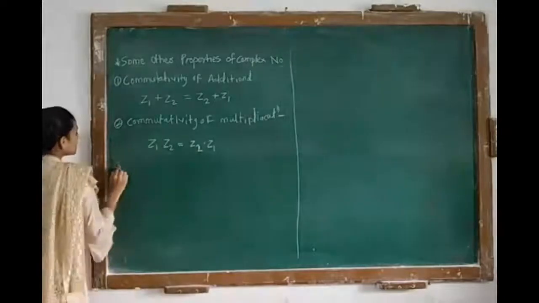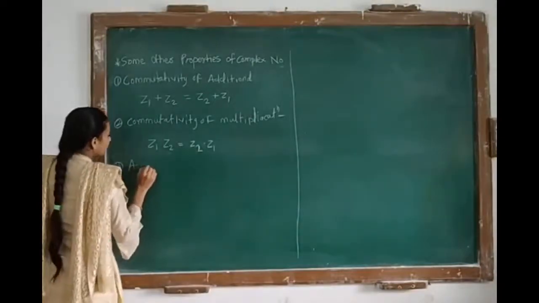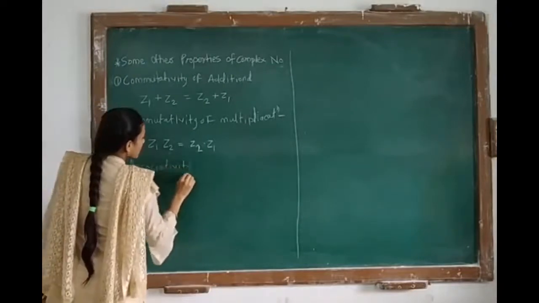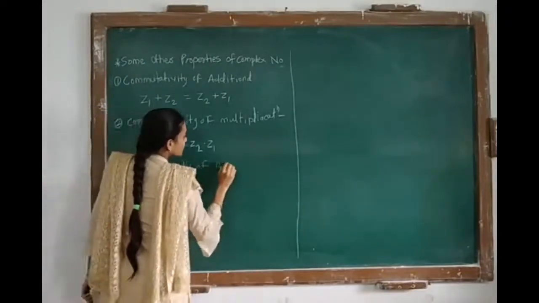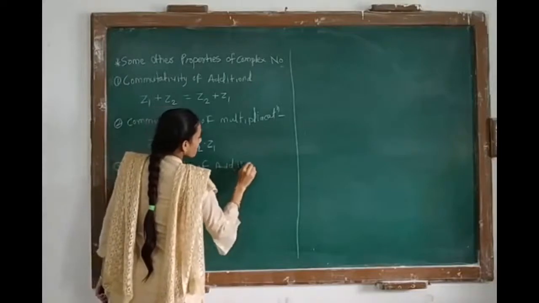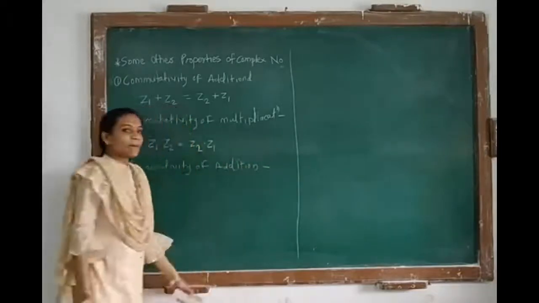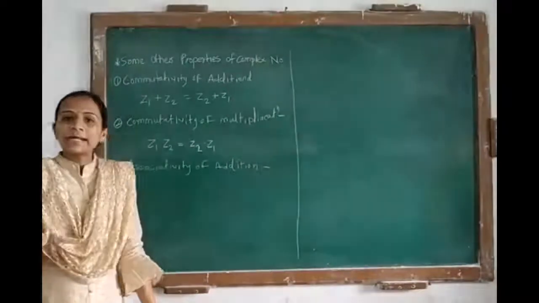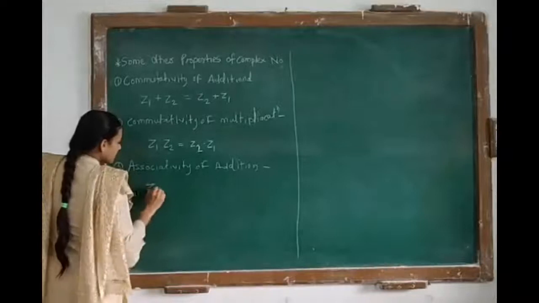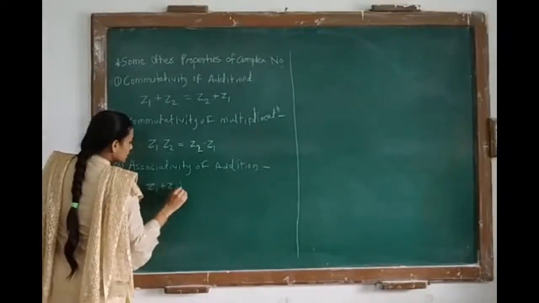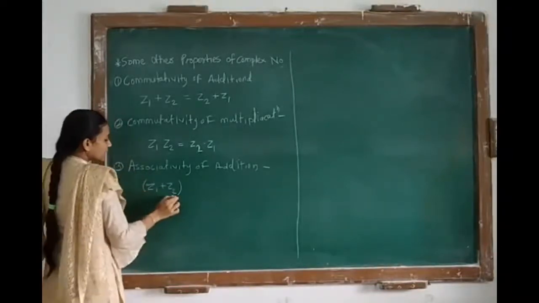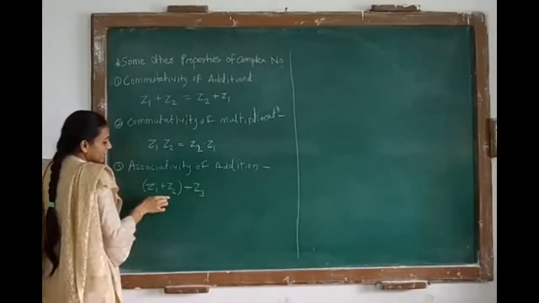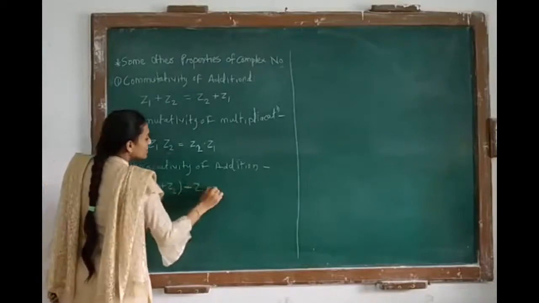Then third is associativity of addition. What is meant by associativity? Suppose I am having 3 complex numbers Z1, Z2 and Z3. Then Z1 plus Z2, first I am simplifying this addition and whatever I get is added to Z3.